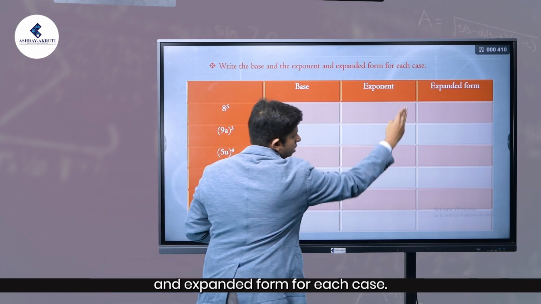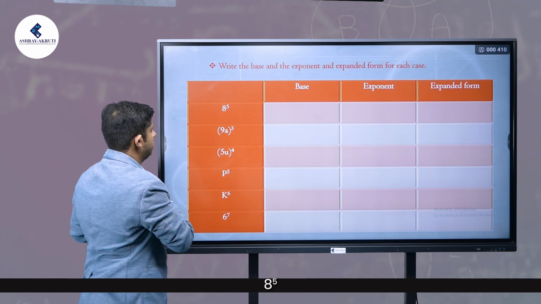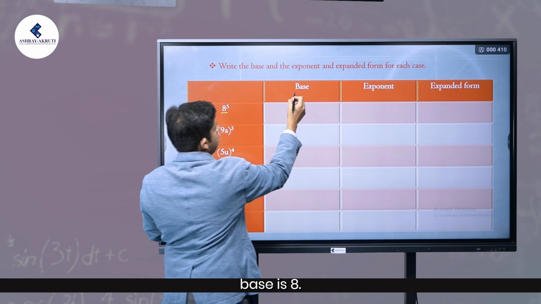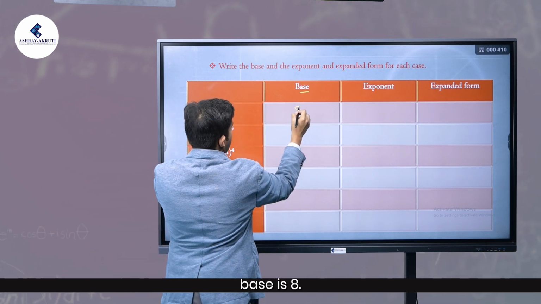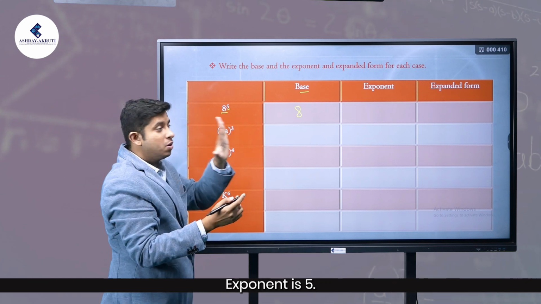8 to the power of 5. Base is 8. Exponent is 5.